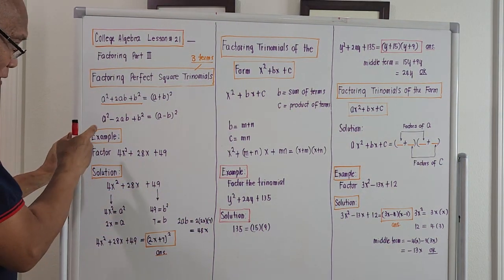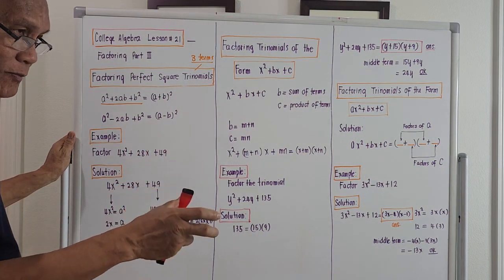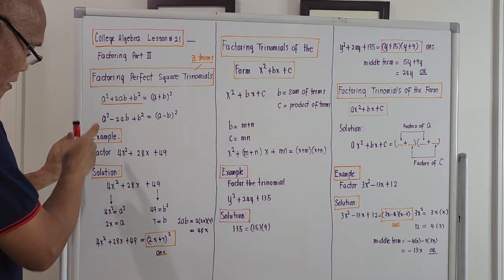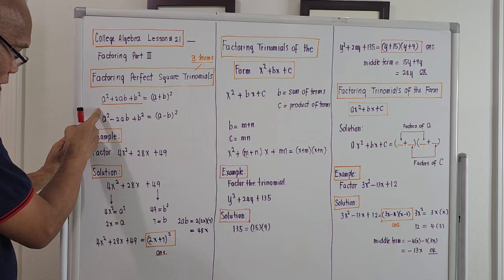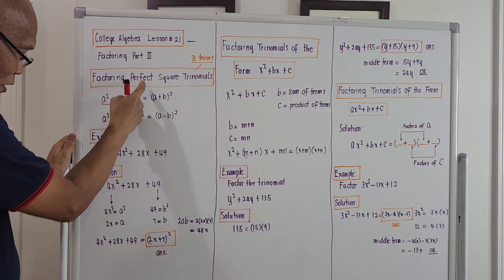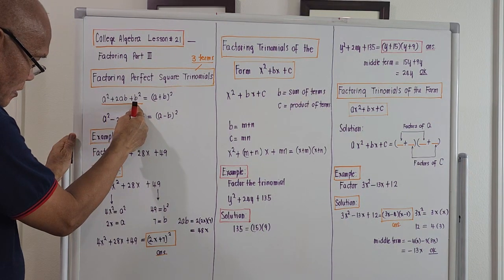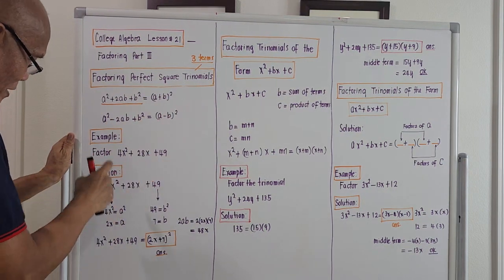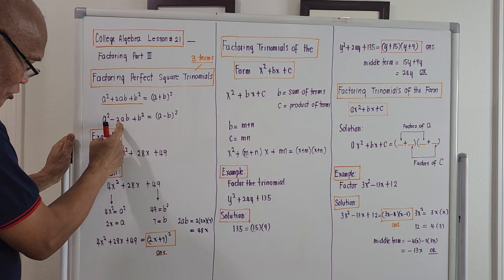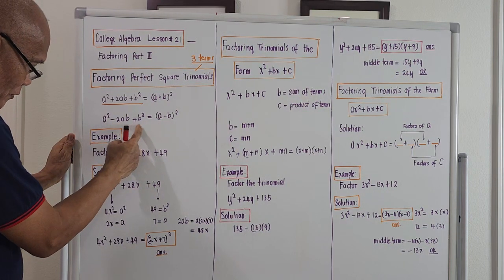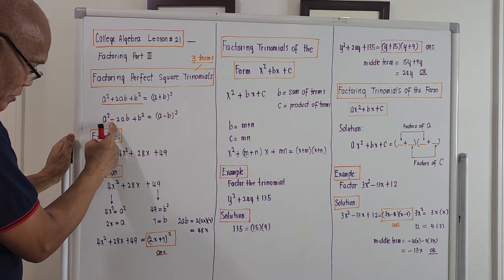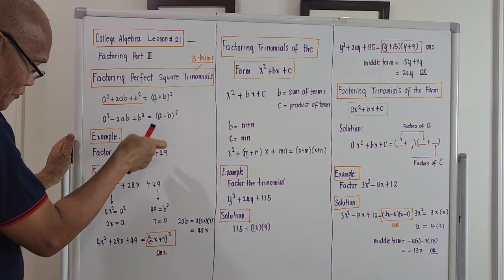The first one, we'll designate the variables to be a and b, will be of the form a squared plus 2ab plus b squared. This is a trinomial. These are all plus. The second form is actually a squared minus 2ab plus b squared. This is a minus. That's why they are different.